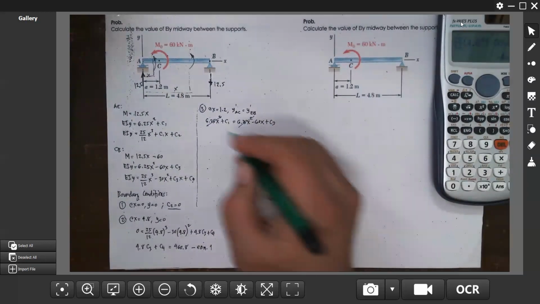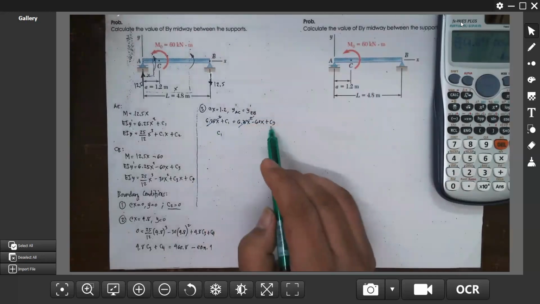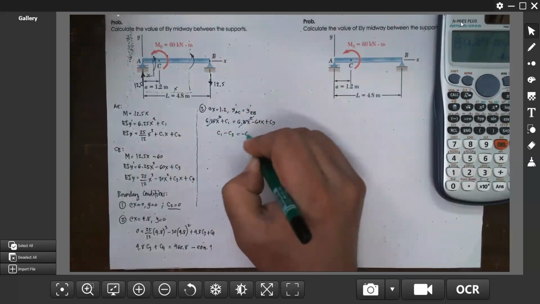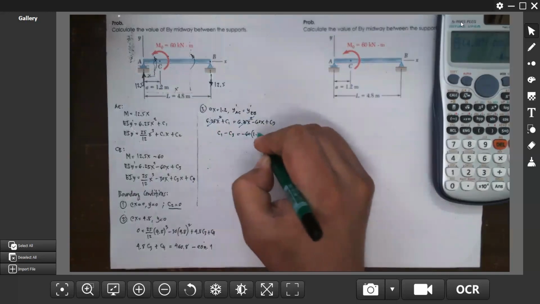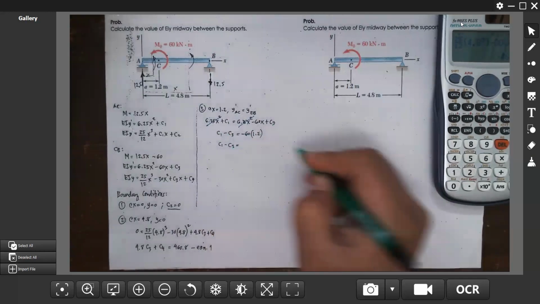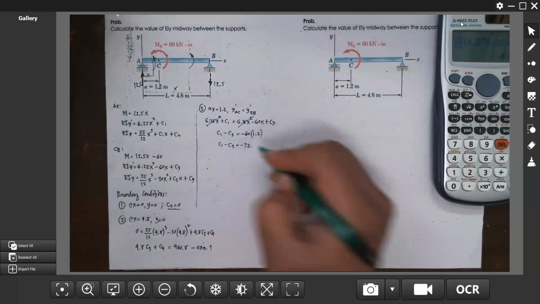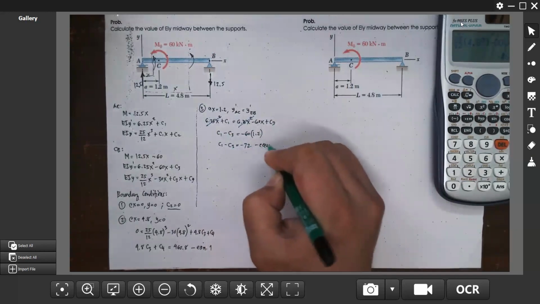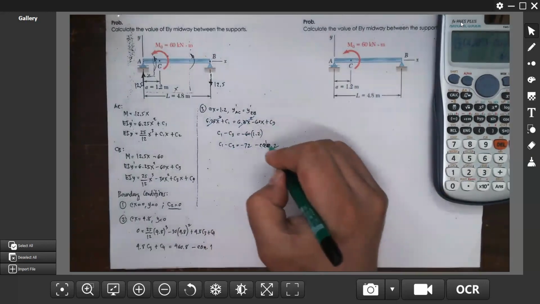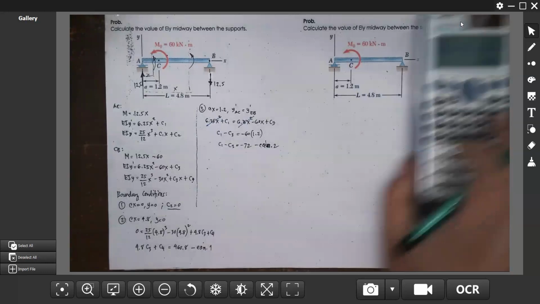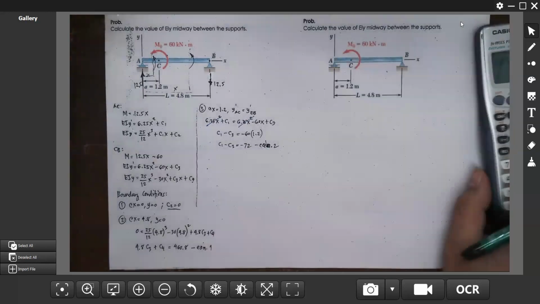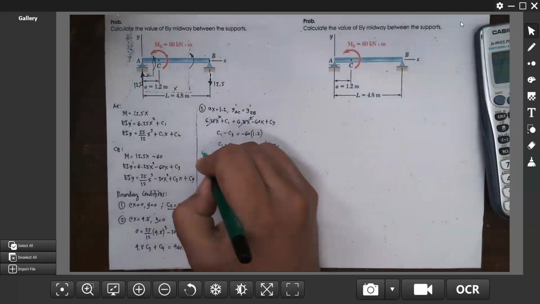And then substitute na yun. Bali, C1, i-transpose na C3: C1 minus C3 equals negative 60 times 1.2. So, C1 minus C3 equals negative 72. This is equation 2. Okay, 60 times 1.2, 72.